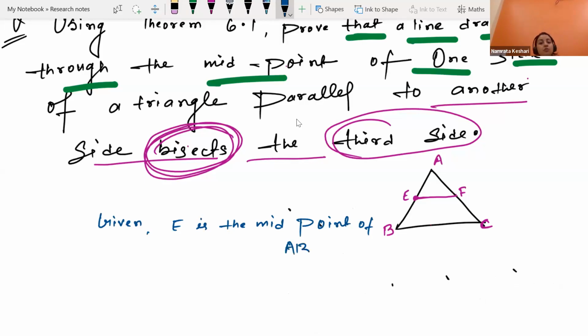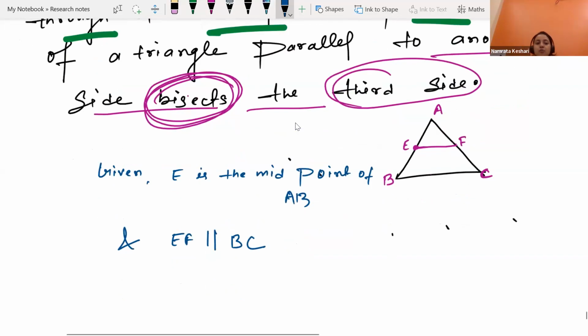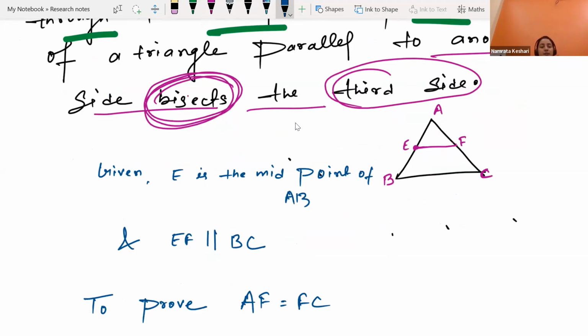I said to you, you can also start the assumption from F, that is, F is the midpoint of AC, but I'm taking E. So E is the midpoint of AB, and EF is parallel to BC. This much is given. What we have to show is that AF and FC are equal in length. We have to prove that this line EF is bisecting the other side also. That means AF and FC are equal in length.